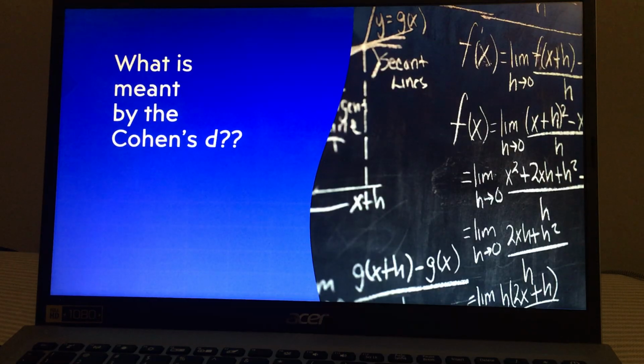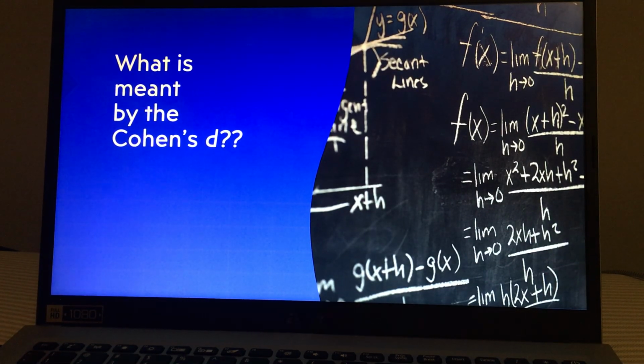And then after we look at those, we're going to get into non-parametric alternatives, and we're going to look at the Wilcoxon signed rank test and the Mann-Whitney U test. But for now, that is enough.